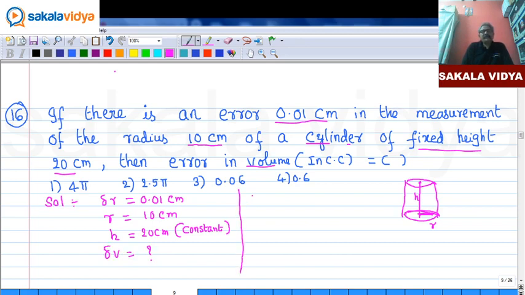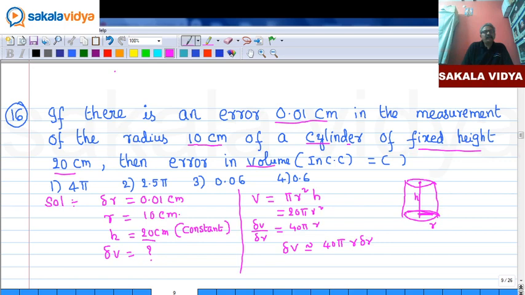So, volume of the cylinder is given by pi r square h, but h is fixed, so you can substitute 20. So, that is 20 pi r square. Now, differentiate with respect to r. Delta V by delta r equals 40 pi r. Now, delta V is approximately equal to 40 pi r into delta r.